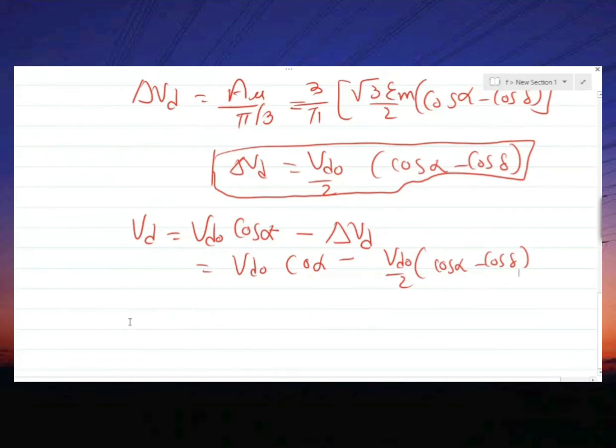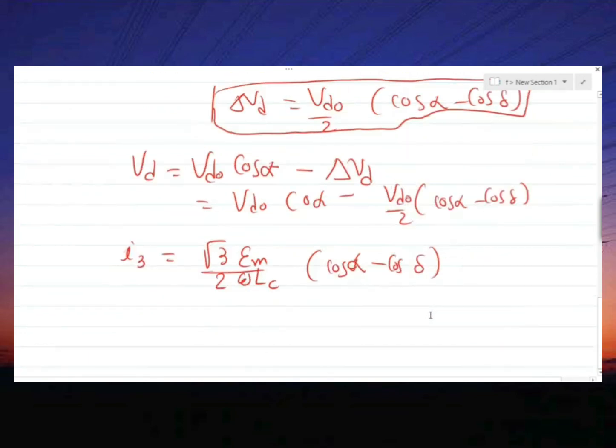Right. So as you know, we derived the expression of I3 is equal to root 3 Em upon 2 omega L into C into (cos alpha minus cos delta). So at the end of commutation, omega t is equal to alpha plus delta and I3 is equal to Id, right?